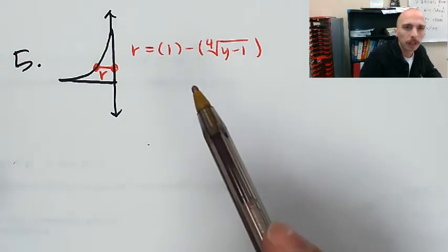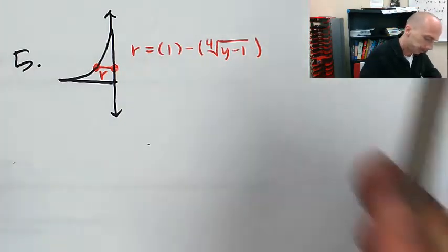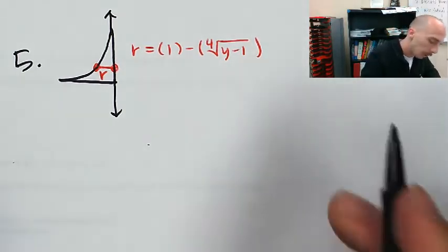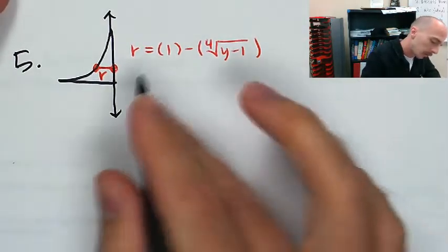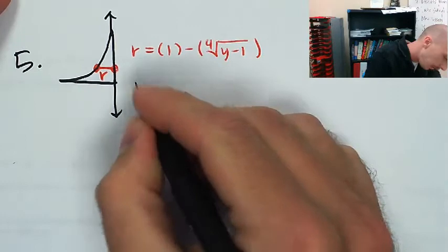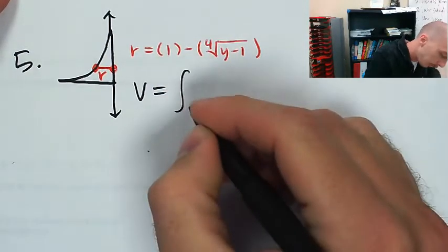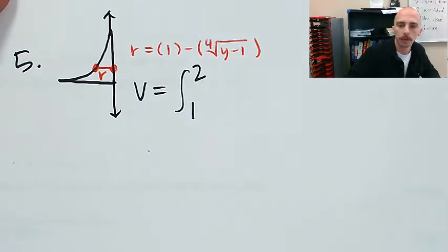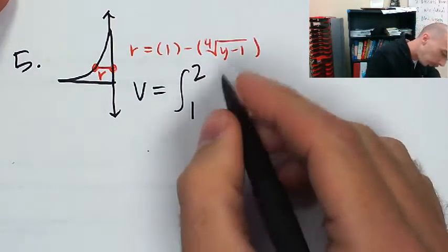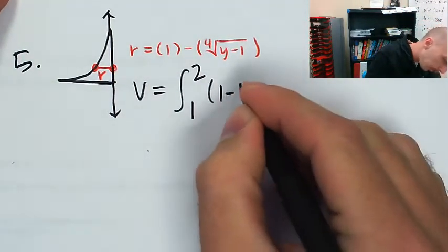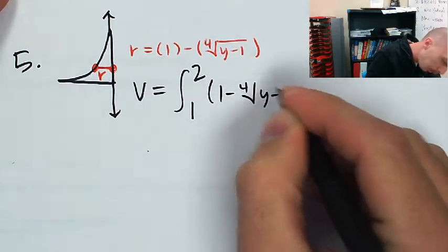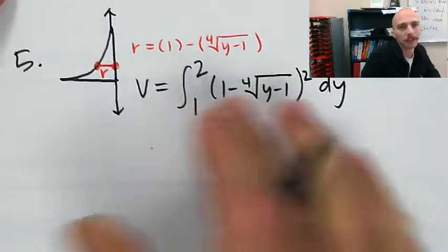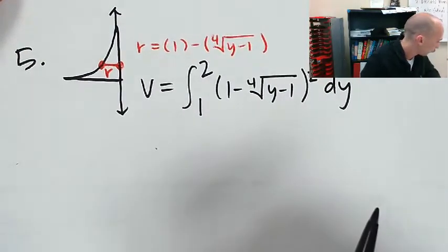It'd just be kind of annoying and a lot of algebra, and in the interest of time I'm not going to do that. So I'm going to say volume equals the integral from y equals 1 to y equals 2 of r squared, which is 1 minus the 4th root of y minus 1, dy. And that's something you could type into the calculator.